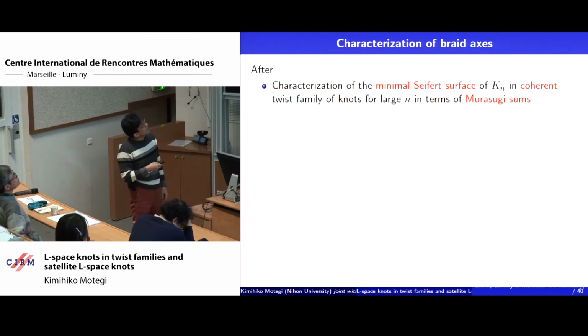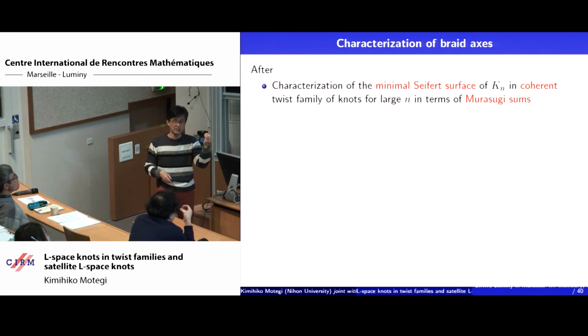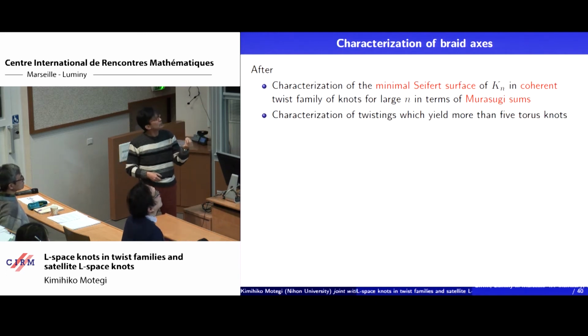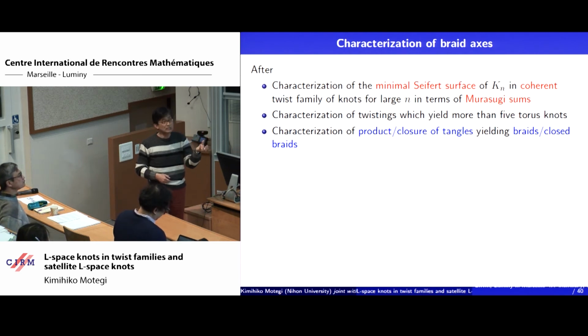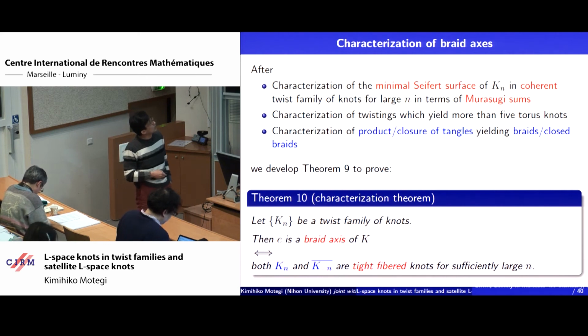After the characterization of minimal Seifert surfaces of K_n in coherent twist families of knots for sufficiently large integers n in terms of Murasugi sums, the characterization of twistings which yield more than five torus knots, and another one, the characterization of product or closure of tangles yielding braids or closed braids, we develop Theorem 6, the characterization theorem, and Theorem 9 to prove the following, which we call a characterization theorem.